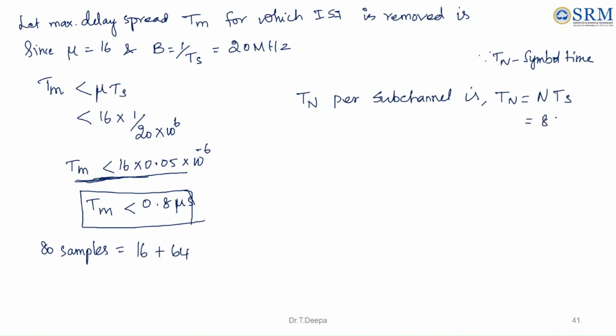N is 80, the total samples, divided by 20 into 10 power 6. Then Tn is 4 into 10 power minus 6 seconds, that is, the symbol time is 4 microseconds.